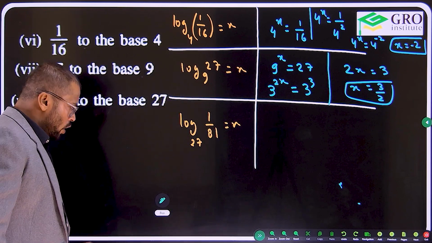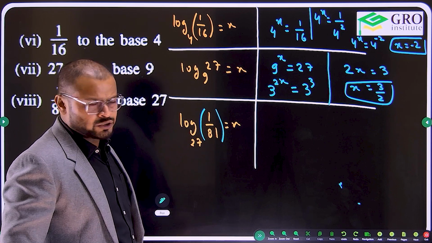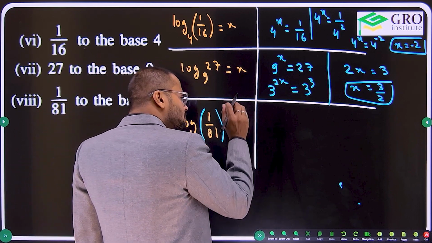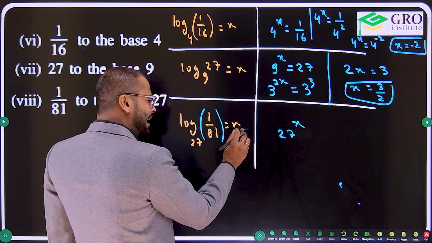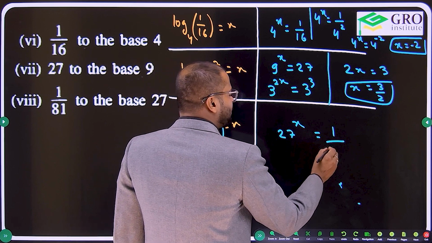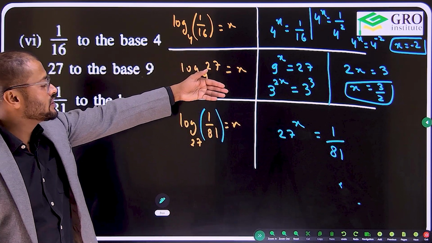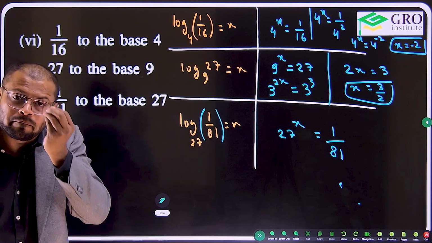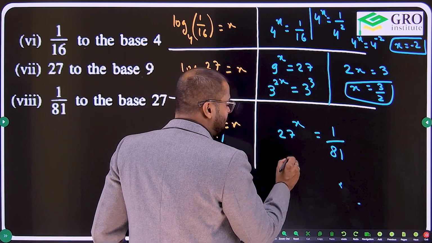Same way, log of 1 by 81 having base 27 is equal to x. Now you have base same, 27 is your base, power x, and it is equal to 1 by 81. It is exactly same as our previous question, in which we have to break bigger terms into its minimum form. That means that 27 is written as 3 to the power 3.